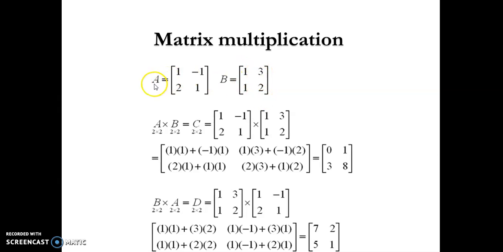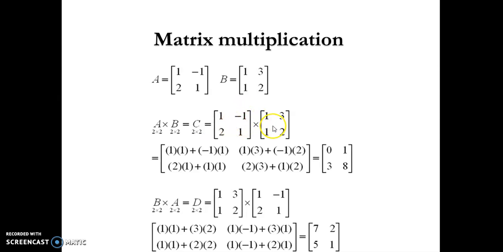So if I want to get the product of A and B, I can see that with rows by columns and rows by columns, the two numbers in the middle are the same. Therefore my answer, matrix C, is going to have an order of the outer numbers, so it's going to have a 2 by 2 order.